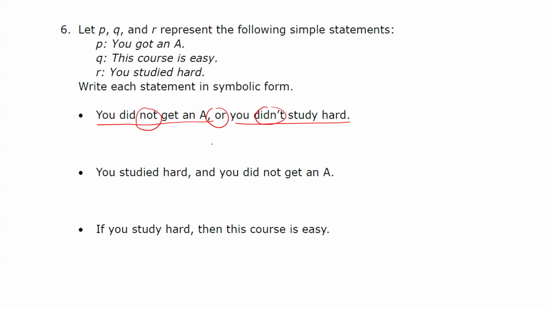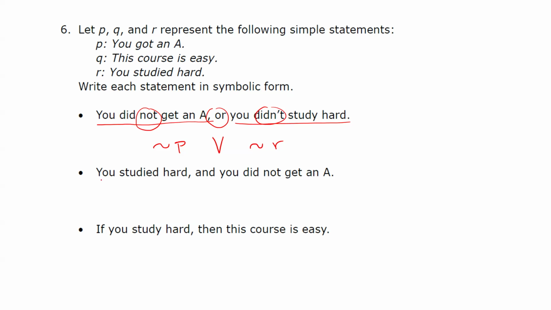Okay, so we're dealing with or. You got an A is the statement P, but you did not get an A would be not P. The second statement, you study hard is R, but you did not study hard is not R.